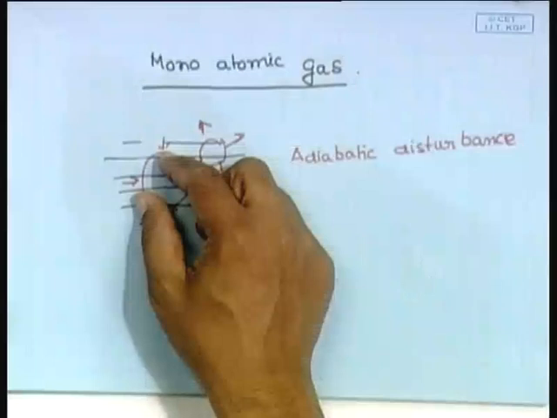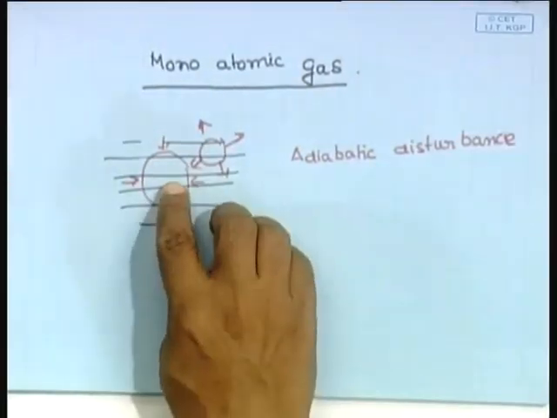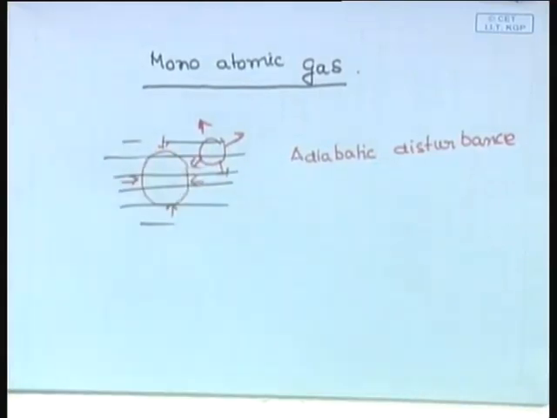But if the rarefaction and compression occur on a time scale much smaller than the time scale required for the heat to flow, then we can ignore the flow of heat and treat this as an adiabatic process, which is the situation over here. So, we are going to assume that even if you compress or rarefy this gas, the temperature goes up and down, but there is no flow of heat.